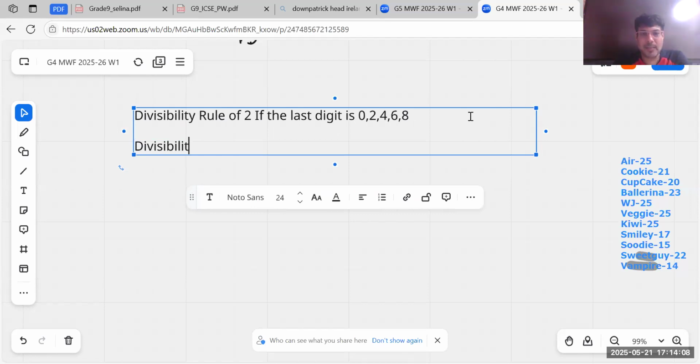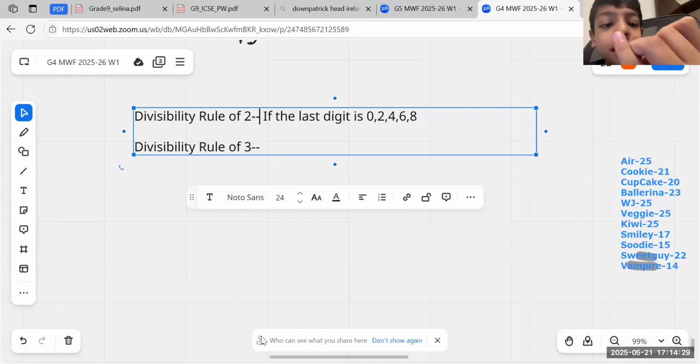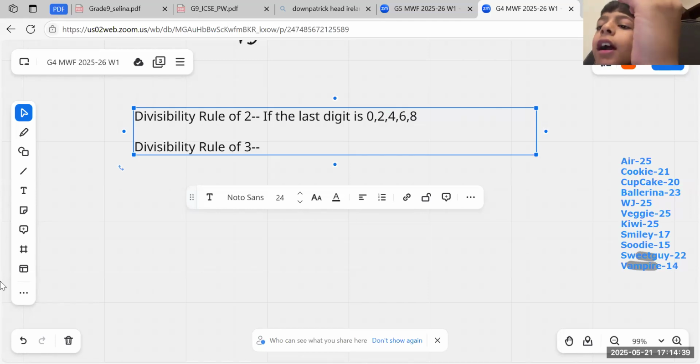So what is the divisibility rule of 3? Raise your hands. Who remembers it? Kitten, keep your camera on. What is the divisibility rule of 3? Sir, can I answer? Yes. Sir, if the last two numbers are added and are divisible by 3.